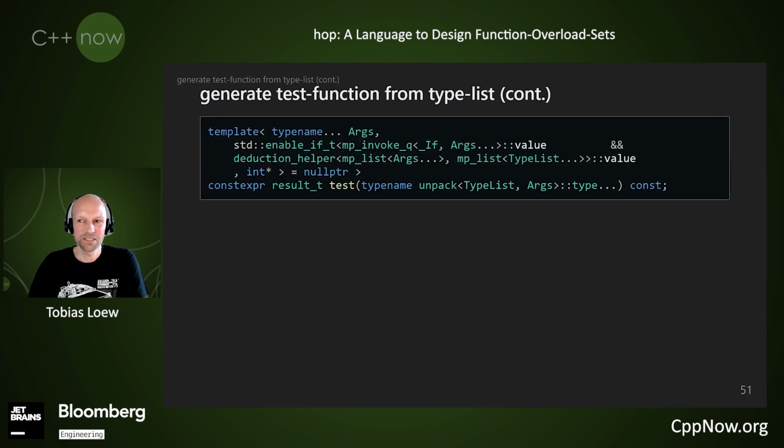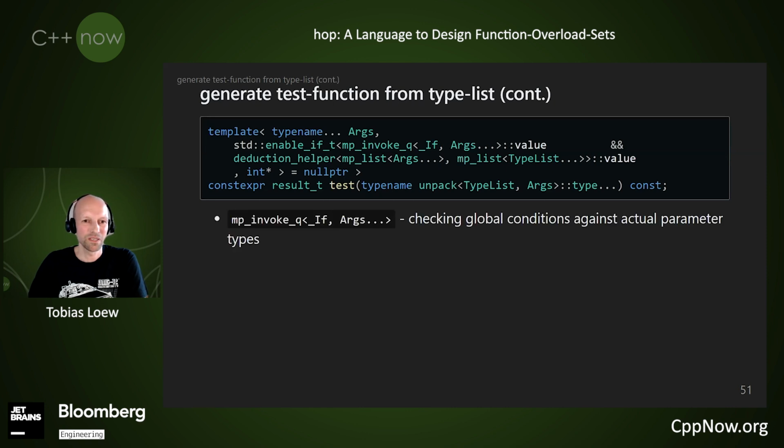So that's roughly how the test function looks inside hop. Here we have this MP invoke with all the if conditions. This is for checking the global conditions on the whole overload against the arguments.